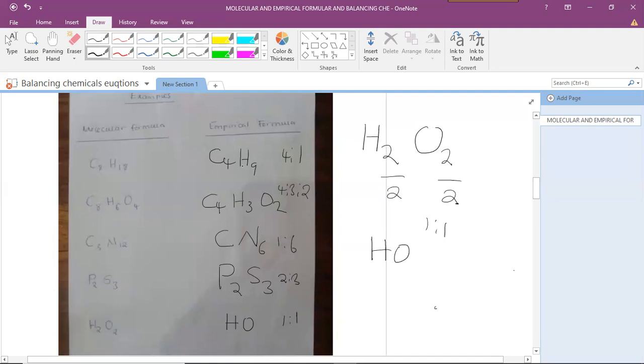So that's the empirical formula and molecular formula. The definition of molecular formula is the actual number of atoms present in a compound, but the empirical formula is the lowest whole number ratio. And you get it by just dividing by factors until you cannot divide anymore.